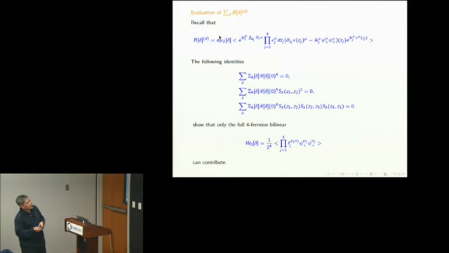Then the contractions of the field psi here will either produce the Szego kernel squared, or a cyclic grouping of Szego kernels like this. It turns out that one can show by simple identities that all of these are 0. So the only contribution is from the full 4 fermion bilinear, all 4.